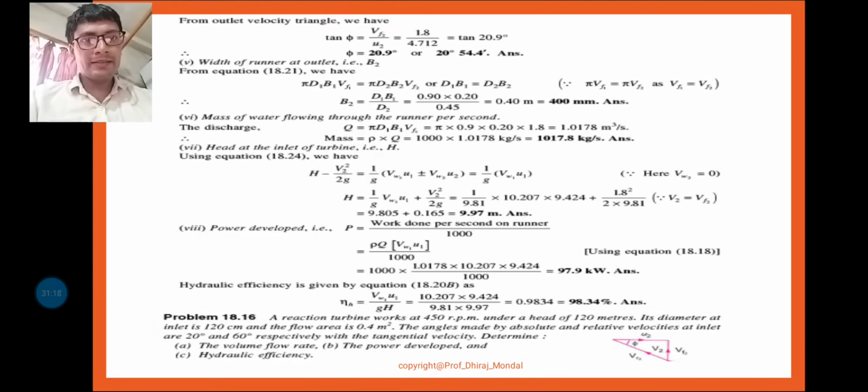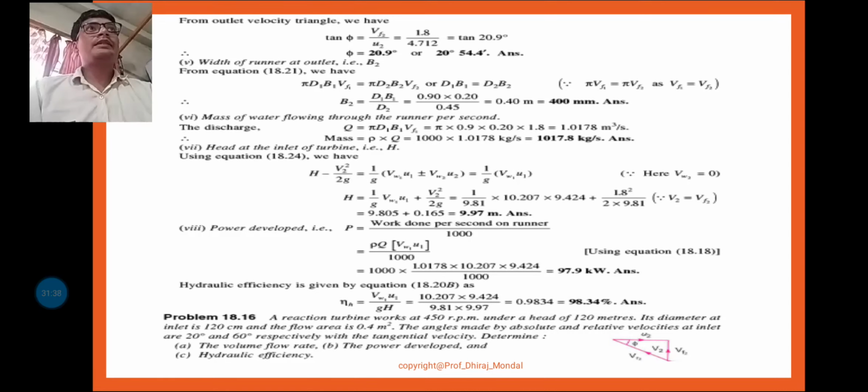Question number 7 is the head at the inlet of the turbine. So head at the inlet of the turbine, how we can calculate? You know that input energy is your water power. Now this water power is converted into kinetic energy, and that kinetic energy is converted into mechanical work output, that is your mechanical energy or shaft power. So at the outlet of the turbine, what we are getting?